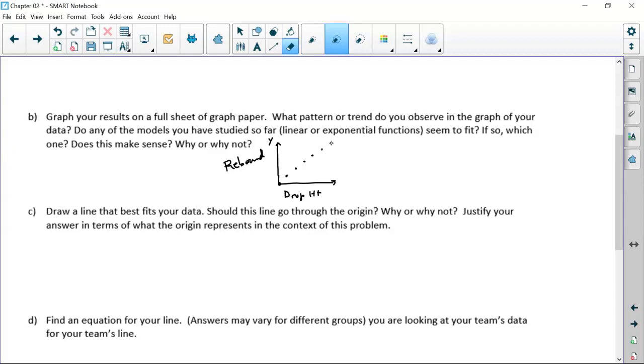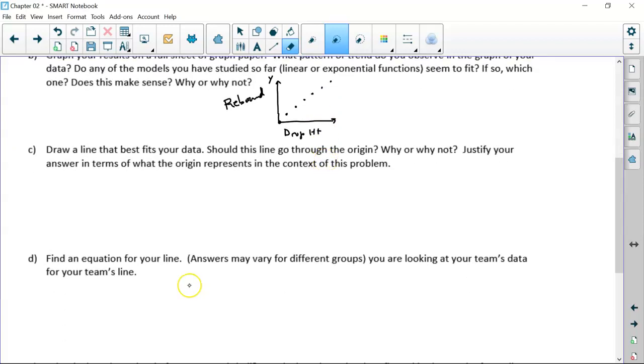So if we were to write the equation of this line, y equals r times x, where r is that rebound ratio.